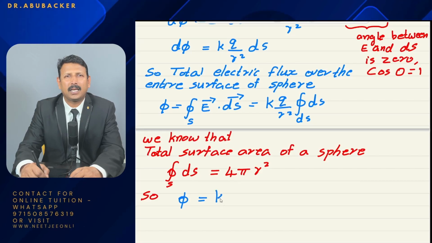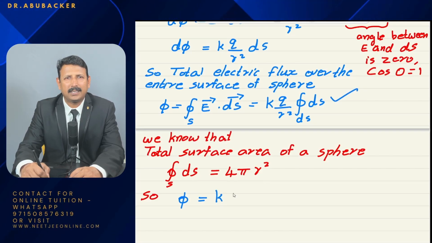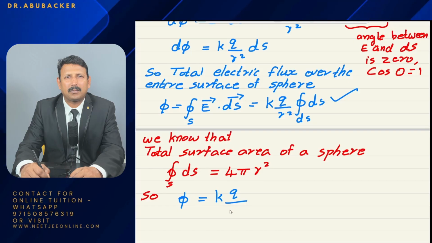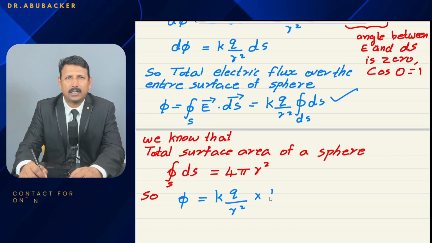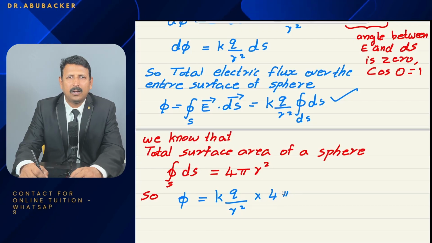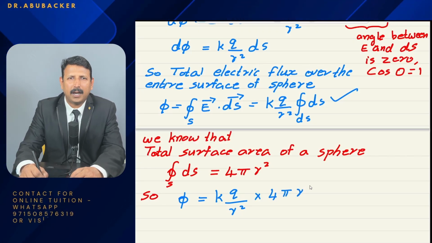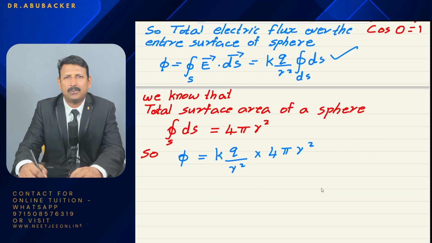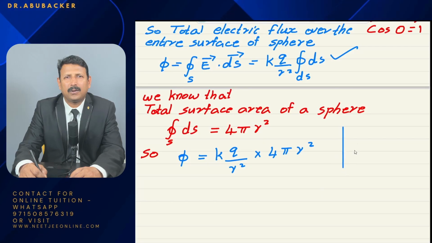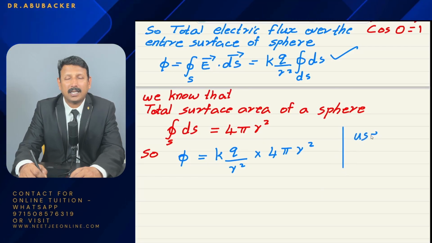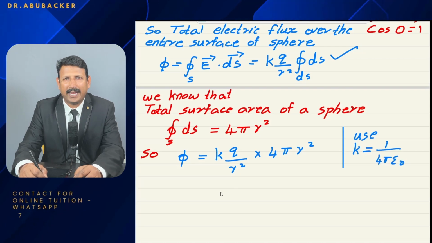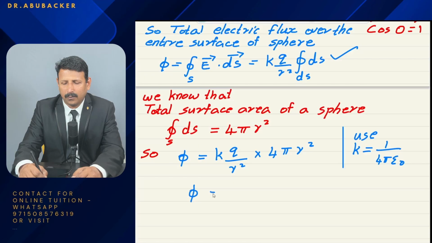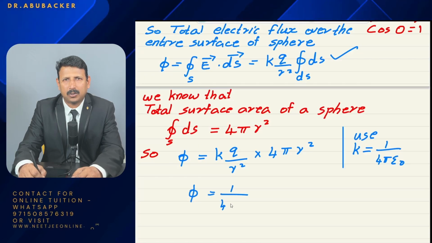We can put this in the above equation. So phi is equal to, I gave a tick mark there for which equation, k q by r square. Time to substitute now. Integral ds is 4 pi r square. If any cancellation is possible, you can do it. So here first we want to keep the value of k, then you can cancel. The value of k we know is 1 by 4 pi epsilon 0.